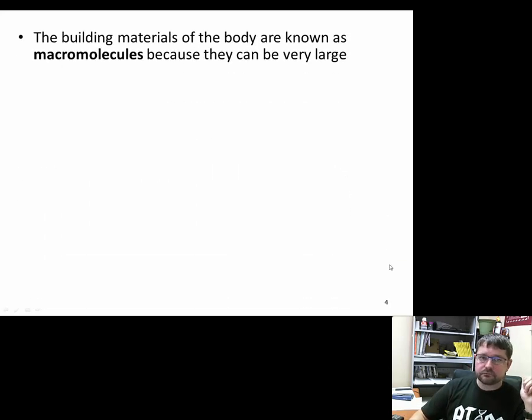When we look at these macromolecules that are constructed by living organisms, they can be extremely complex. The more complex they are, typically the harder they are to break down.